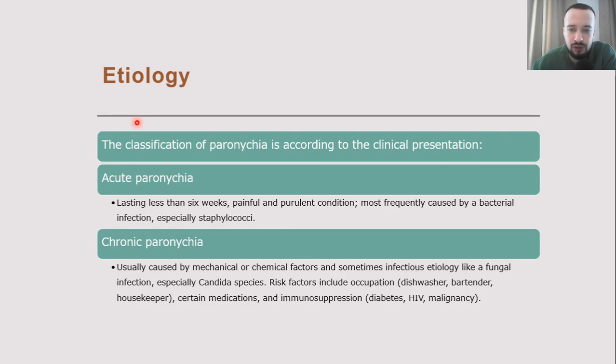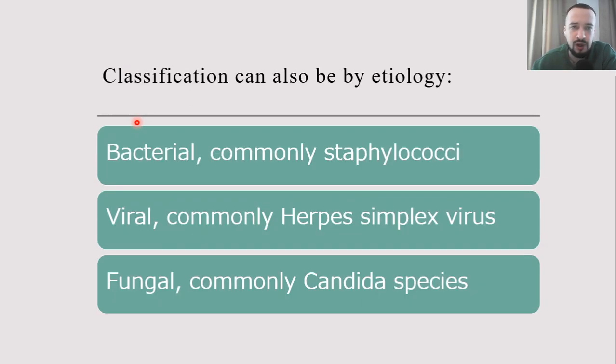Risk factors include occupation, such as dishwasher, bartender, housekeeper, certain medication and immunosuppression, diabetes, HIV, malignancy. Classification can also be by etiology. Bacterial, commonly staphylococci, viral, commonly herpes simplex virus, fungal, commonly Candida species.